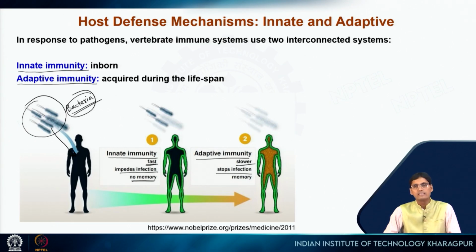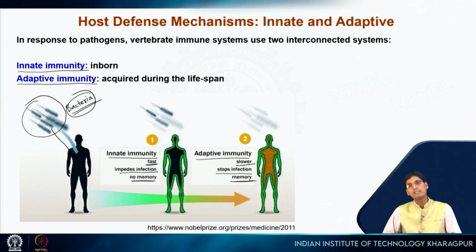And at the end, there will be some kind of memory. This is immunological memory. Some immune cells will have this memory, so that again, maybe 6 months, 1 year or 2 years later, if we are getting infected by the same bacteria, then our adaptive immune cells, those memory cells, can quickly understand what happened before and accordingly they will make weapons to defend the host.